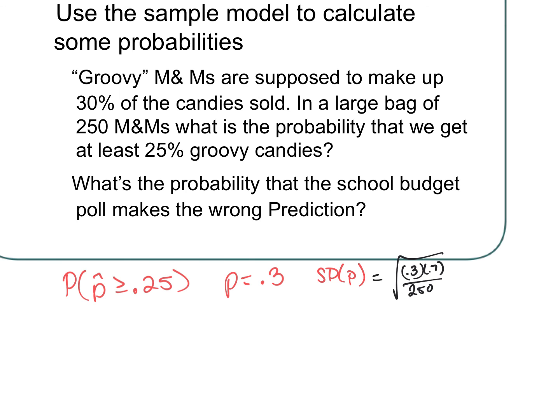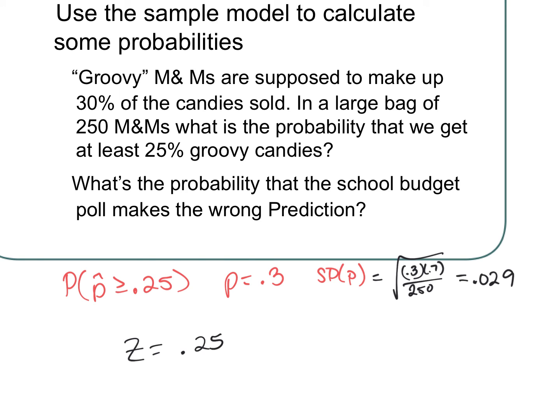Okay, so 0.3 times 0.7 divided by 250 is 0.029, we'll just say. So my z-score calculation is 0.25. Now, what did I forget? What have I not done?